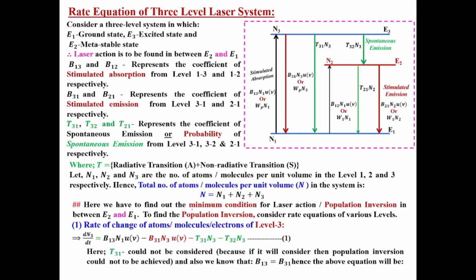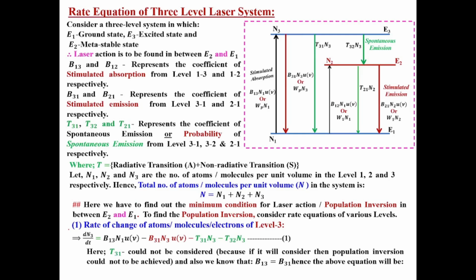Here we have to find out the minimum condition for laser action, or the so-called population inversion between E2 and E1. To find this in the three-level laser system, we have to analyze the rate equations of these three levels. Then we can evaluate what the minimum condition will be.